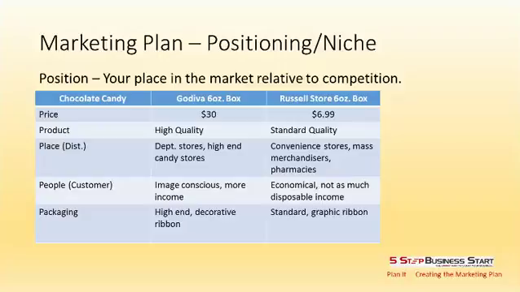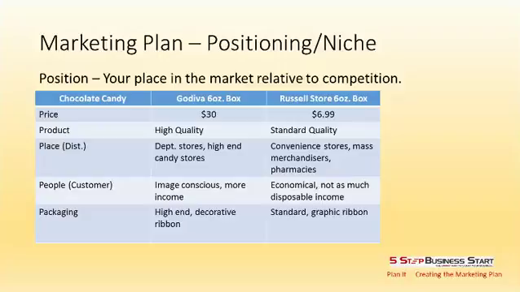But it's a high level product, with a little more expensive ingredients involved in it. Russell Stover, standard quality, doesn't have the same kind of ingredients, high level quality of chocolate as Godiva, but it's still chocolate, but it's more of a standard kind of product.